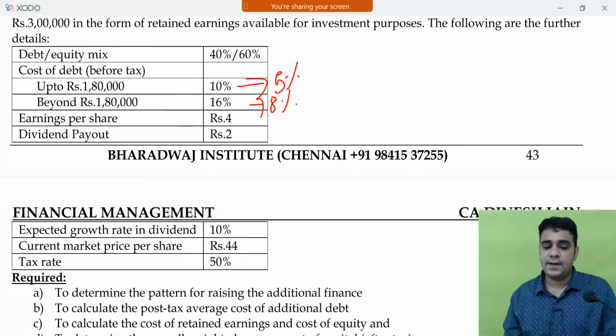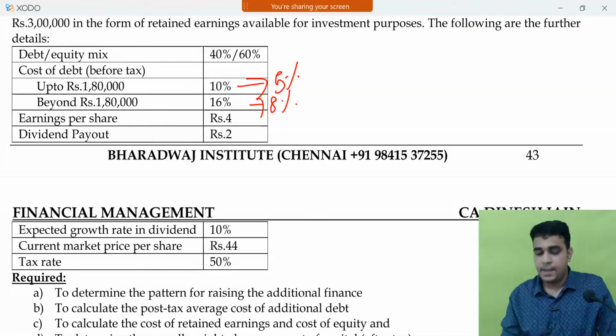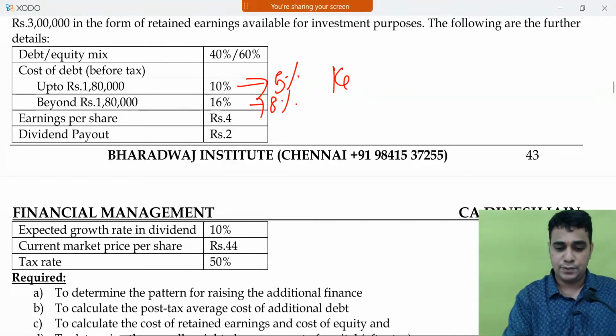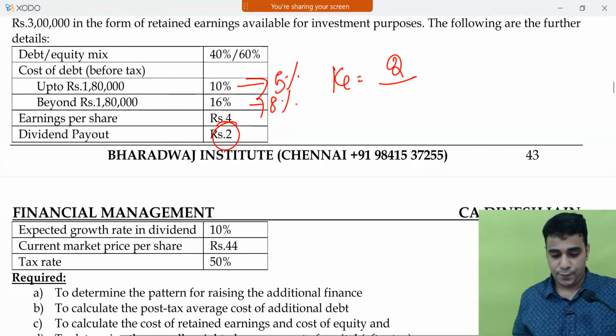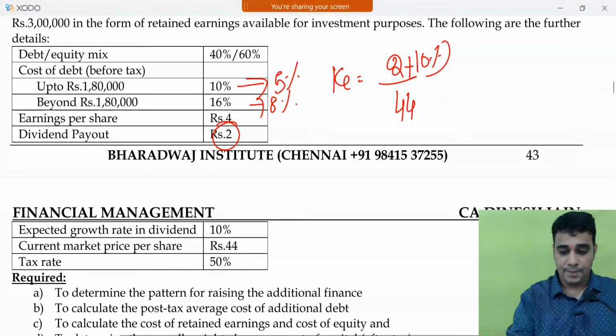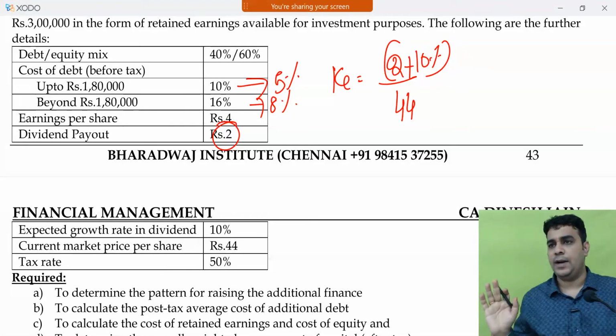Cost of retained earnings and cost of equity. There's no data on flotation cost in the question, and no data on personal tax, so both are going to be the same. Dividend payout is 2 rupees, current market price is 44, and I'm adding 10% growth on top of this. I'm assuming this to be D0. If you want to take it as D1, I don't have a problem.